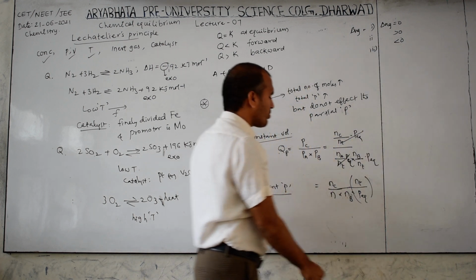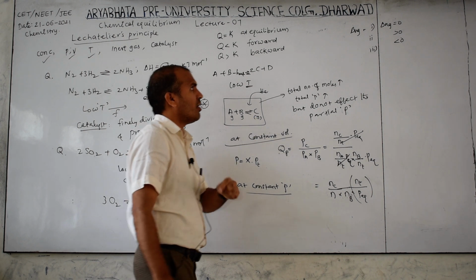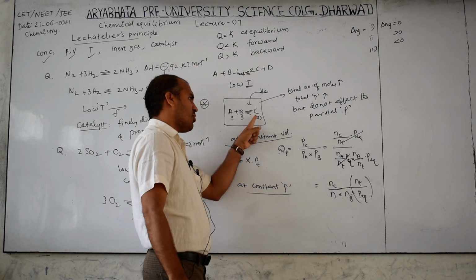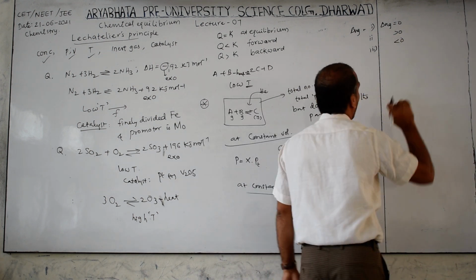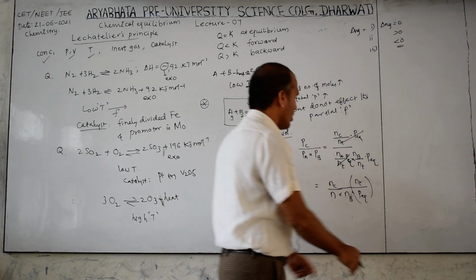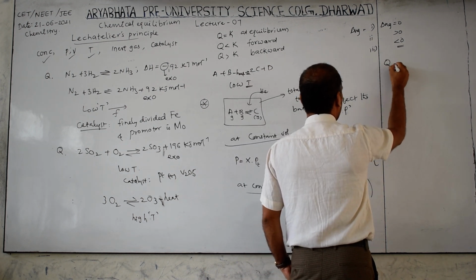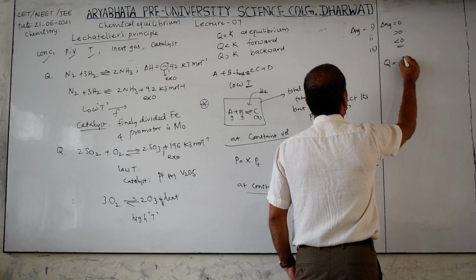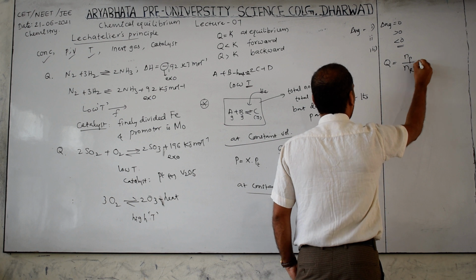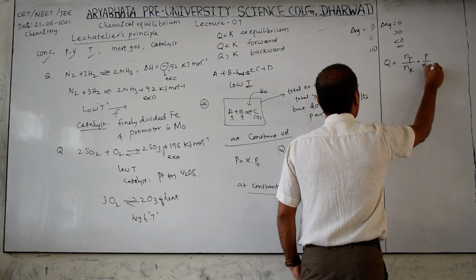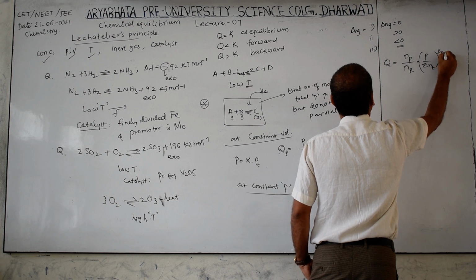For this reaction delta Ng is 1 minus 2, that is minus 1, so delta Ng is less than 0. So Q is equal to number of moles of product by number of moles of reactant into P by total number of moles, whole power delta Ng.